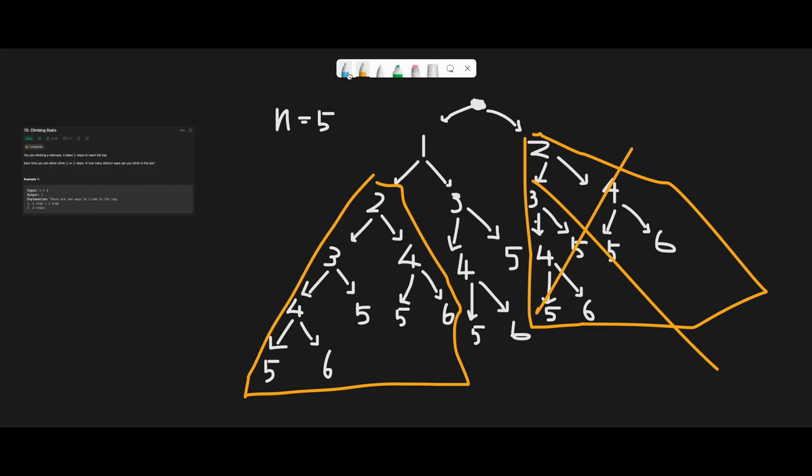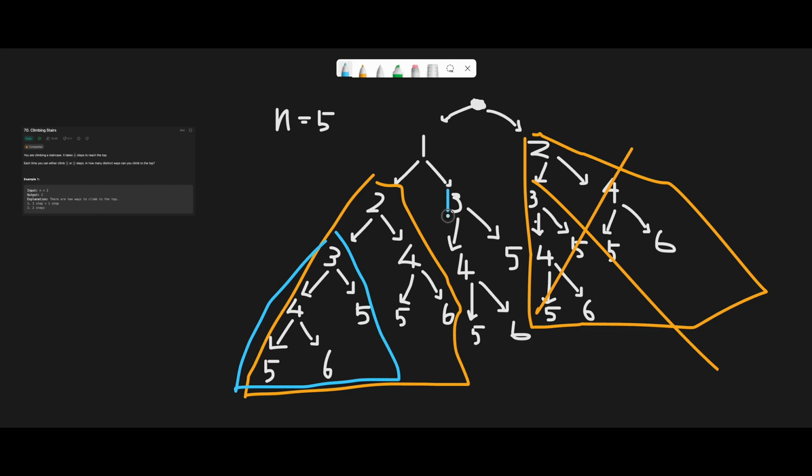And then there is another duplicate subtree. First we move down on the left side, so we calculate this area first. When we finish this subtree, we know our result of this subtree: 3, 4, 5, 5, 6.